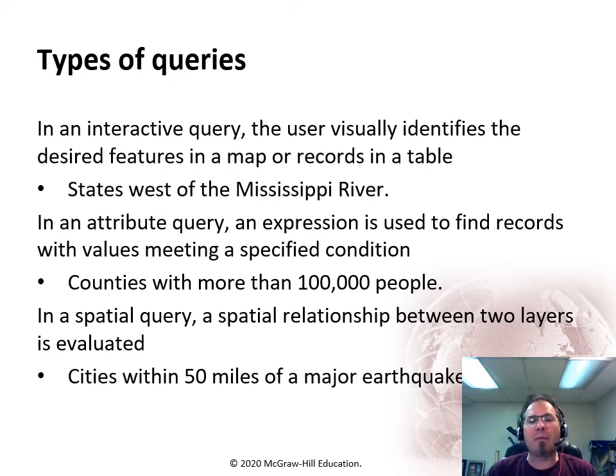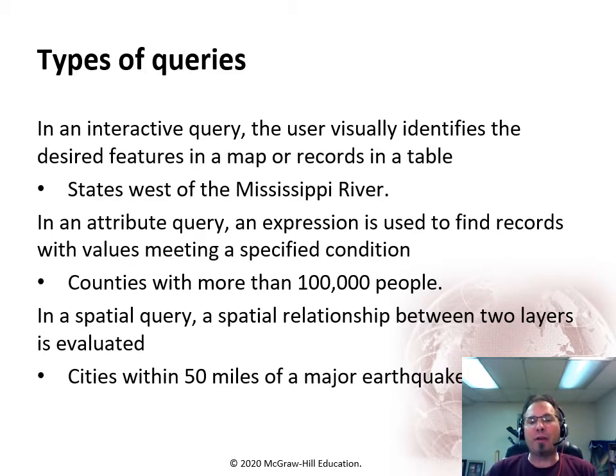That can be a bit time consuming. You have an attribute query, which we just mentioned in the previous slide, where you're asking the attribute table a question and it'll highlight the rows that fit that criteria or that condition. And so then you can gauge, did I ask the right question? Did I get back too much, too little? We'll talk more about how to do that in a bit.